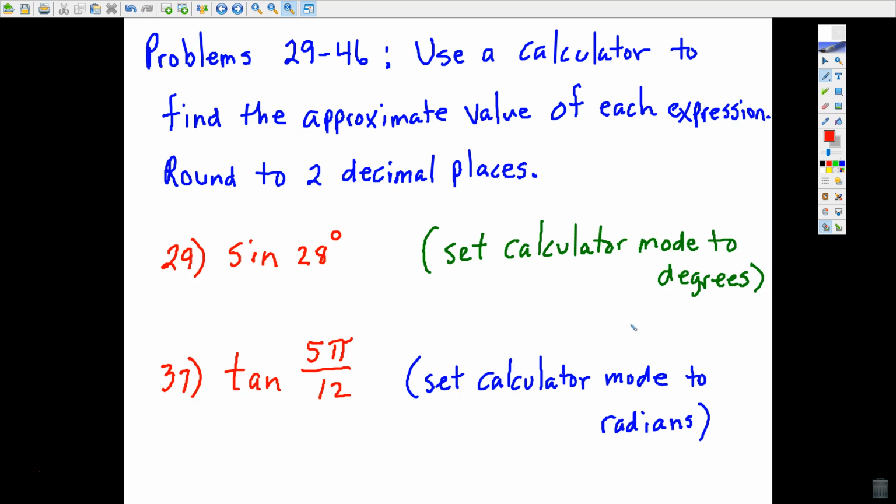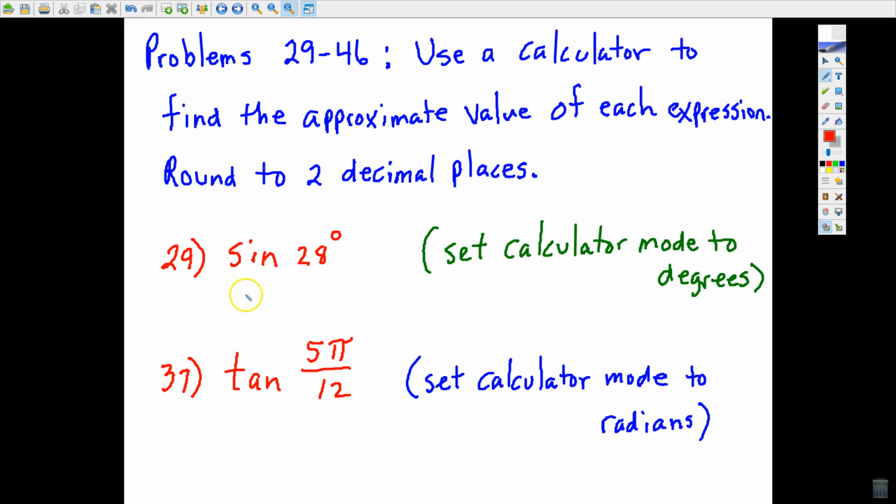And you're going to press the tangent button, and you can enter this as a fraction: 5 times pi divided by 12. Close your parentheses. And let's see, Allie, what you got? 3.73 is correct.